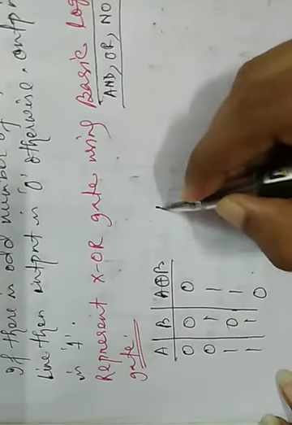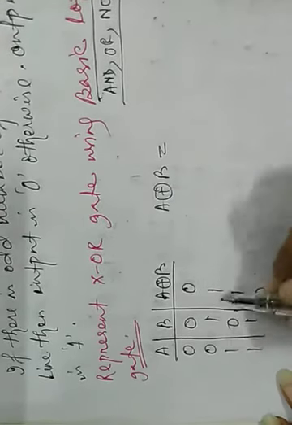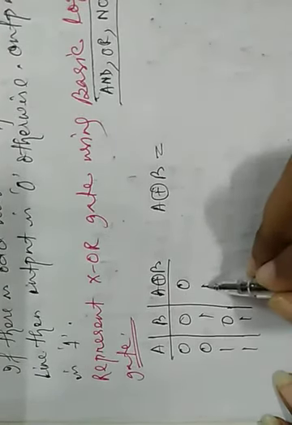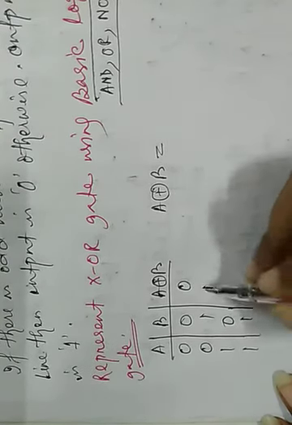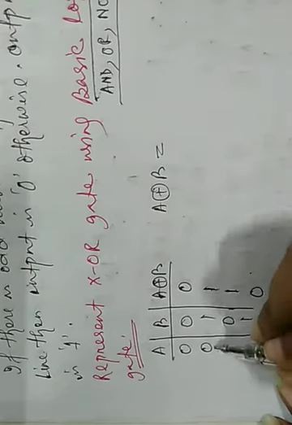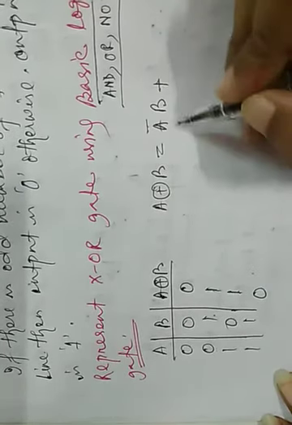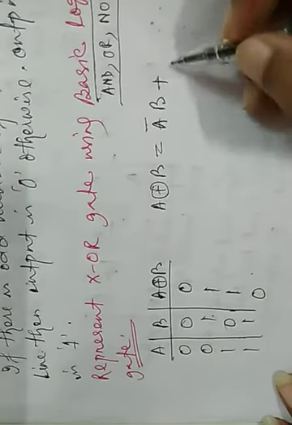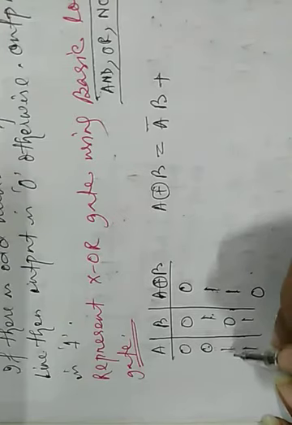If we take the minterm expression, from the 1s we get the minterms. So the minterm for one 1 is A bar B. This is a very important expression and there are many uses of it. For the other 1 it is A B bar.